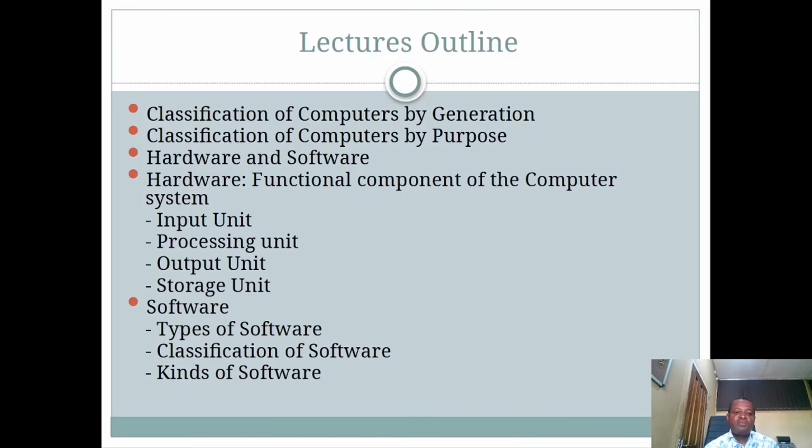We shall talk about input unit, processing unit, output unit, storage unit. Under software, we look at types of software, classification of software, and kinds of software. So today we begin by learning about classification of computers by generation.